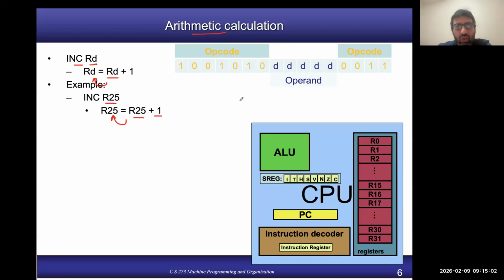Okay. So here is just an example of the machine code or the binary code for the increment instruction. So remember we said that machine code of any instruction is typically broken down, or at least in ATmega328P, it is broken down into two fields, opcode and the operand, right? But from the machine code of one instruction to the machine code of other instructions, it varies. The location of the opcode and the operand bits vary from one instruction to the other.